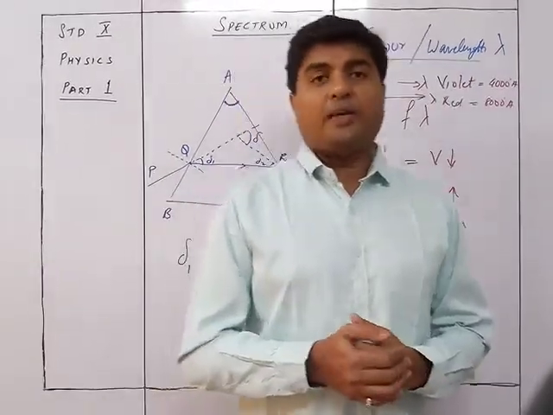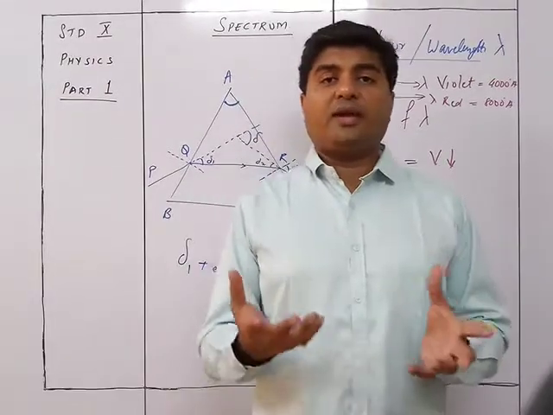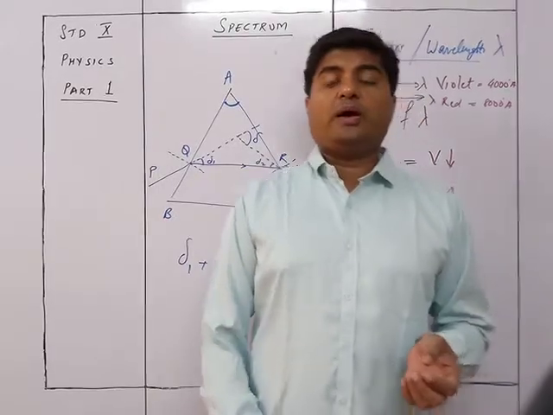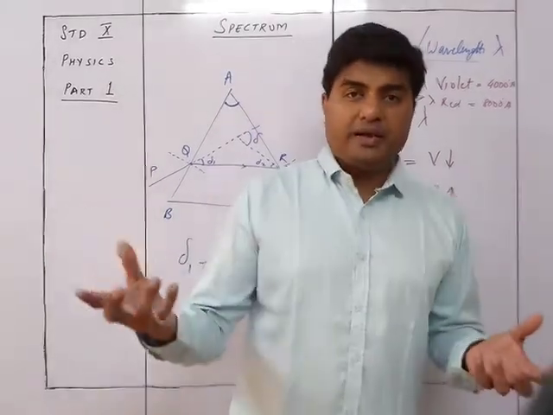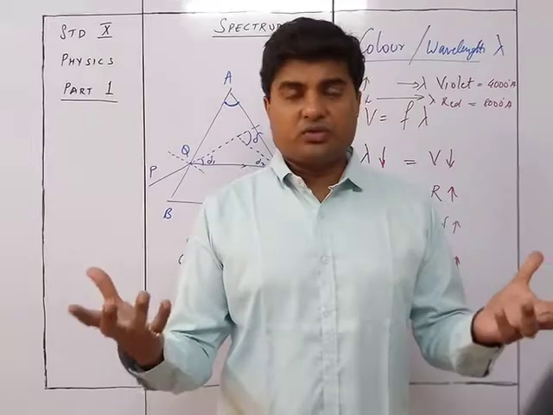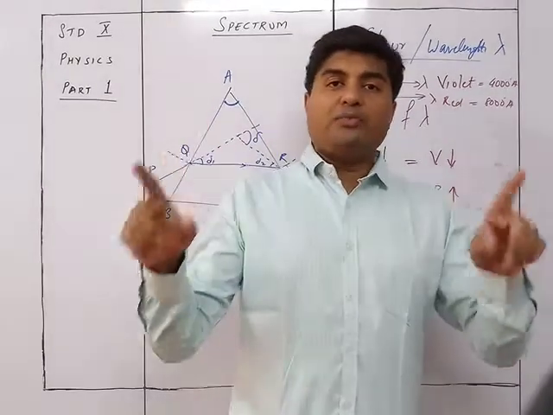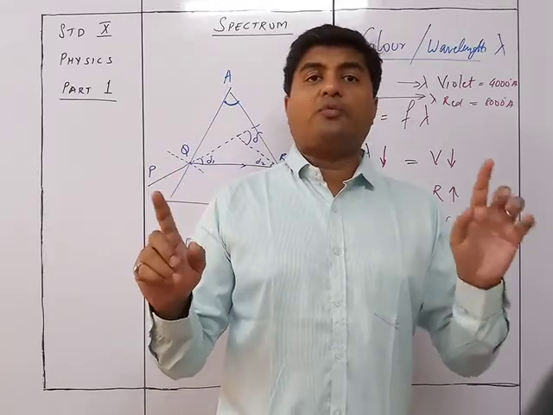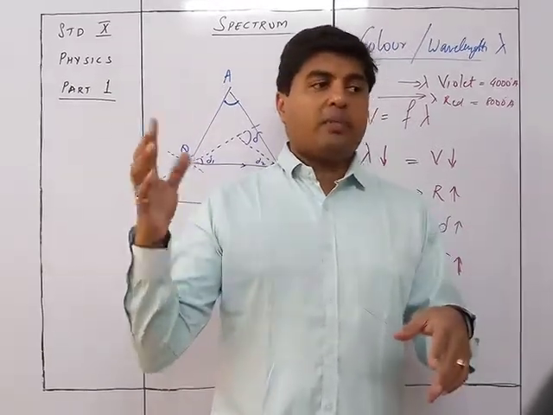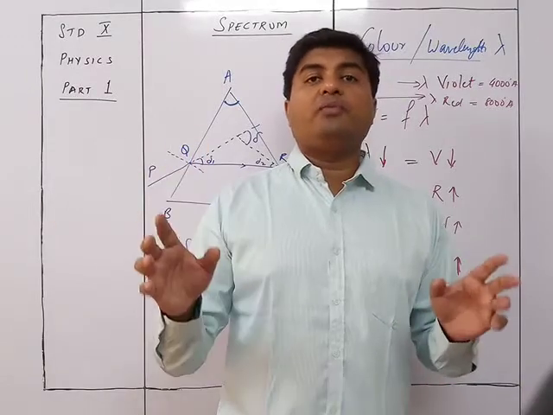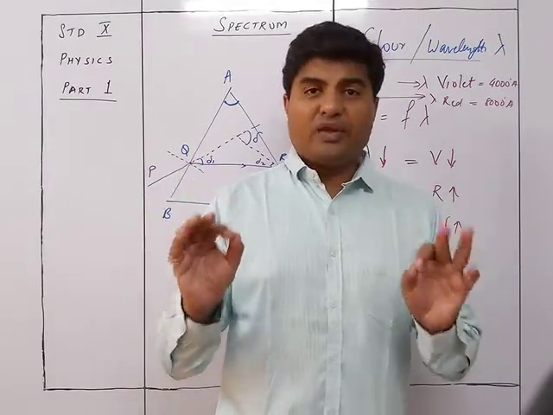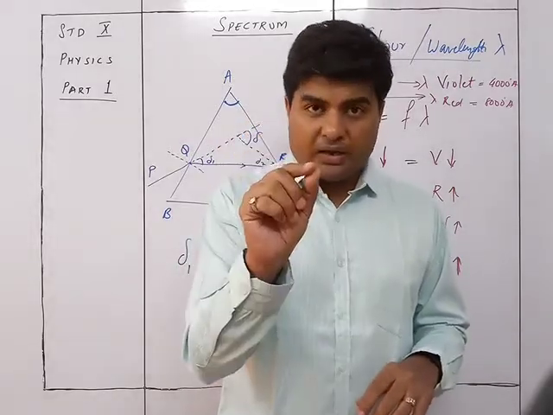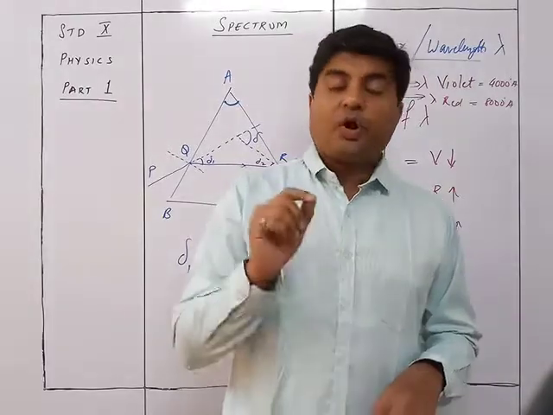For example, we can get a blue color flame when we burn hydrogen, or a blue color flame when we burn, let's say, methane. In both cases you will find that the blue colors have the same wavelength. That means wavelength becomes the characteristic property of that particular light.